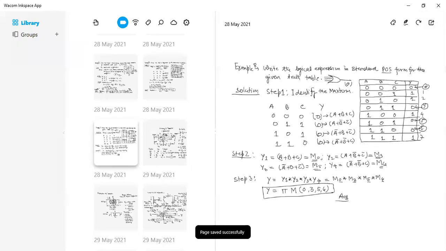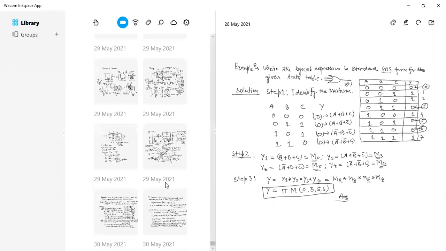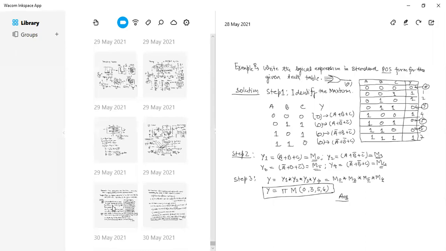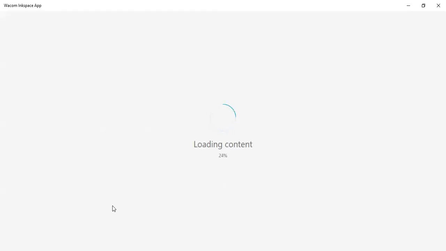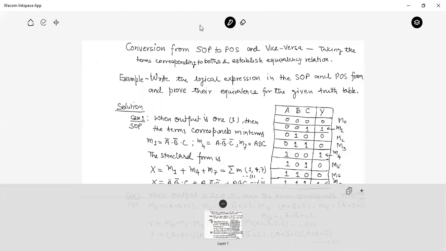Now we can go to the next part, and we can prove their equivalency. That is the example of the conversion.